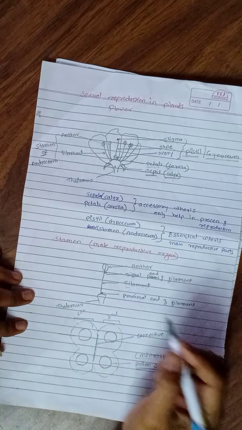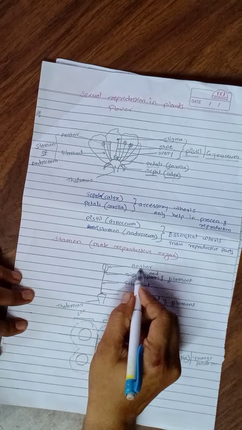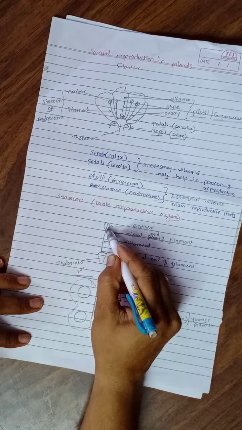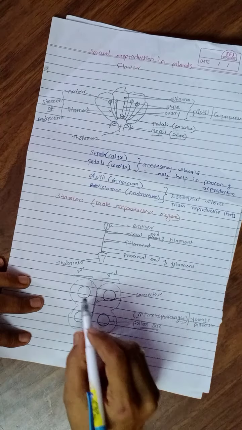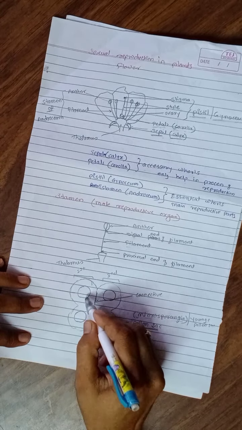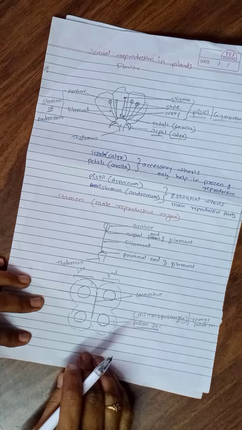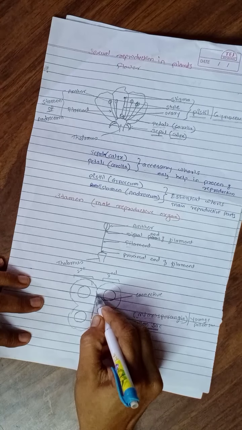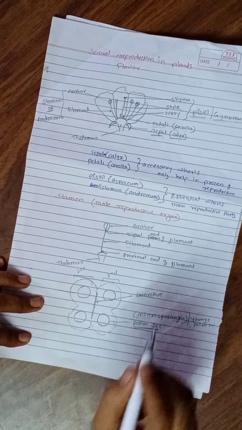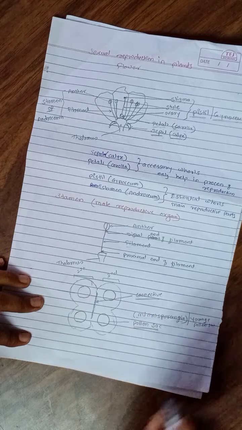Then we see the internal structure or TS of the anther. It is bilobed, consisting of 2 lobes, and each lobe consists of 2 pollen sacs, and the septum which is present between the 2 lobes is made up of sterile tissue known as the connective.